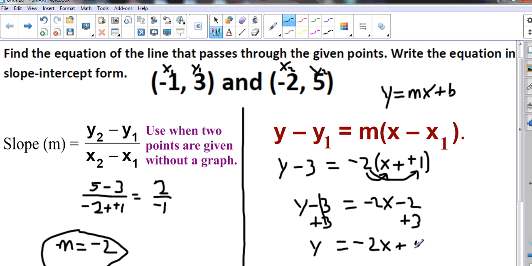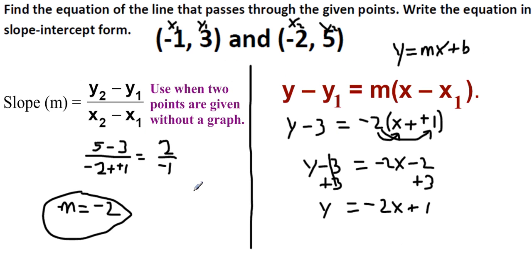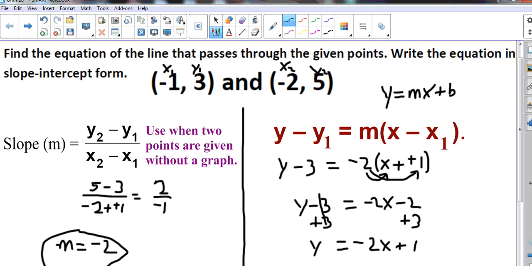And that is the equation of this line in slope-intercept form. Just so happens that the y-intercept is at +1. So this is a line that travels down from left to right and crosses at +1. And that is it.